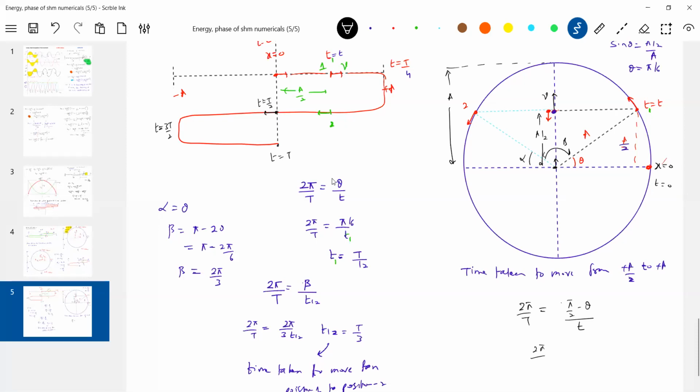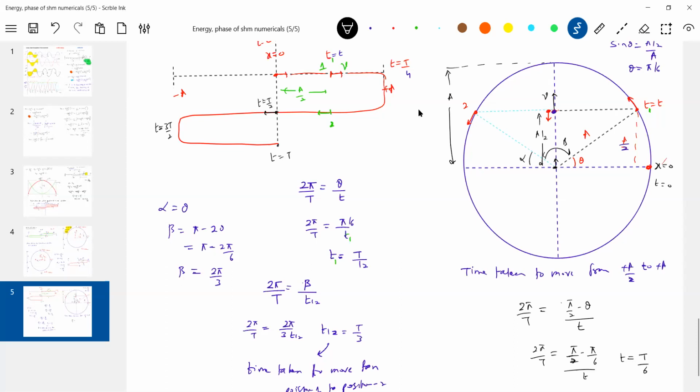So 2 pi by capital T. Anybody, value of small t? T by 6. Okay, fine.